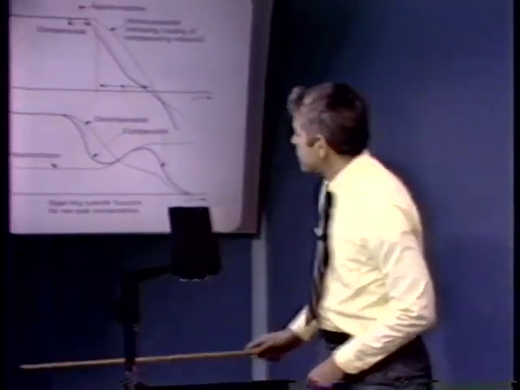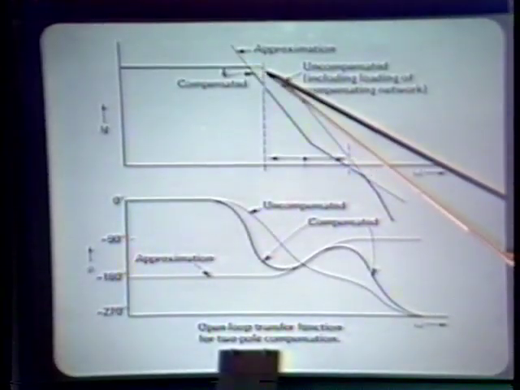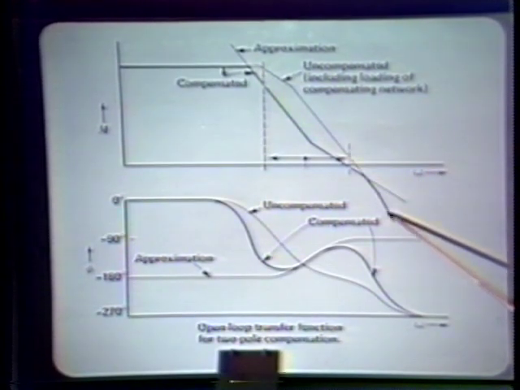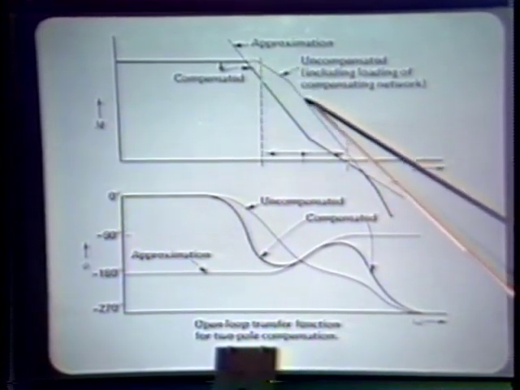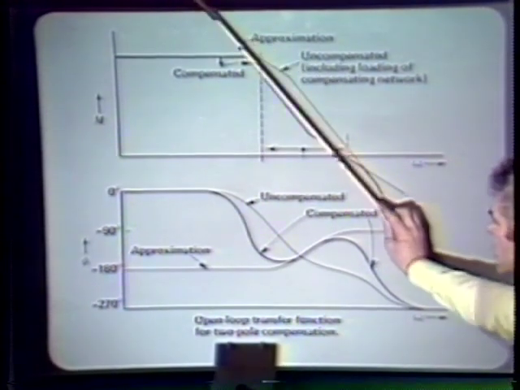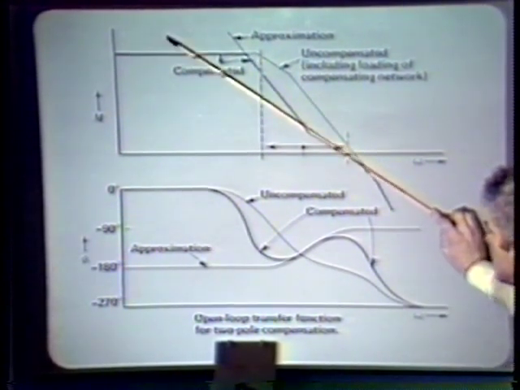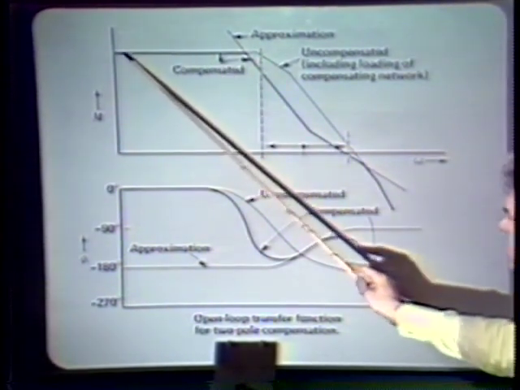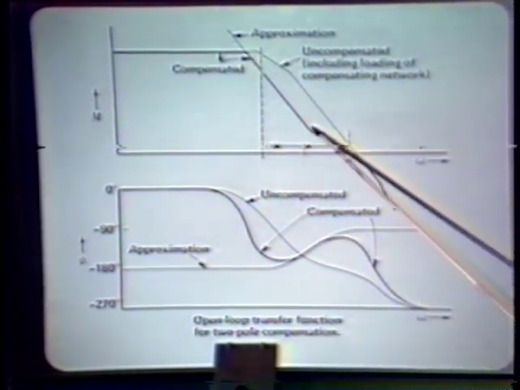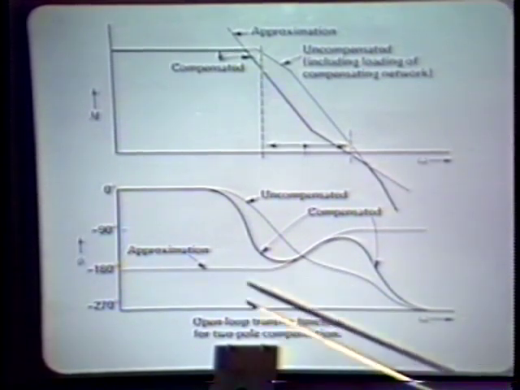The effect on the amplifier transfer function, again, assuming an uncompensated transfer function including loading that's sort of three-pole. Here's the 1 over s squared, 1 over s approximation. And again, we get the lower of those two curves at all frequencies.